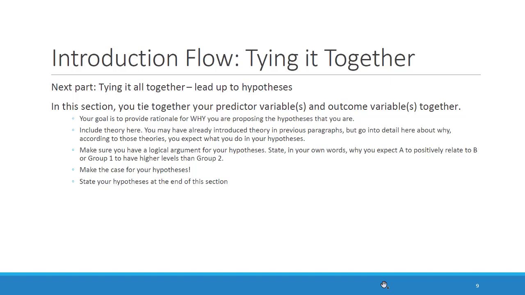You may have already introduced theory in previous paragraphs when you were explaining each of your study constructs, but you want to go into detail in this later section about why, according to those theories, you expect what you do in your hypotheses. You want to make sure you have a logical argument for your hypotheses.